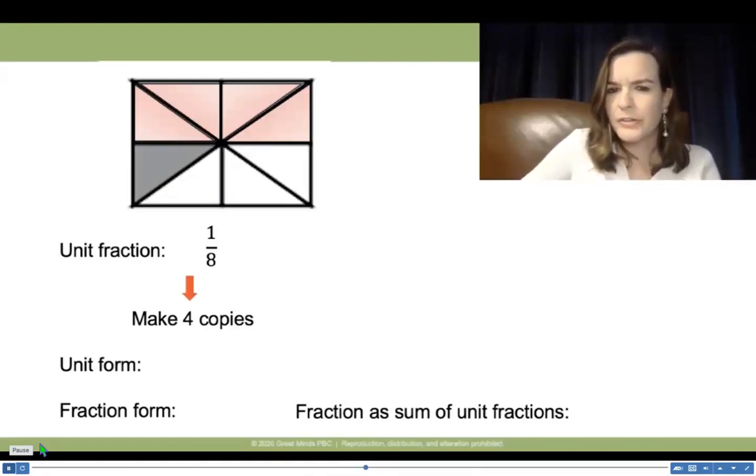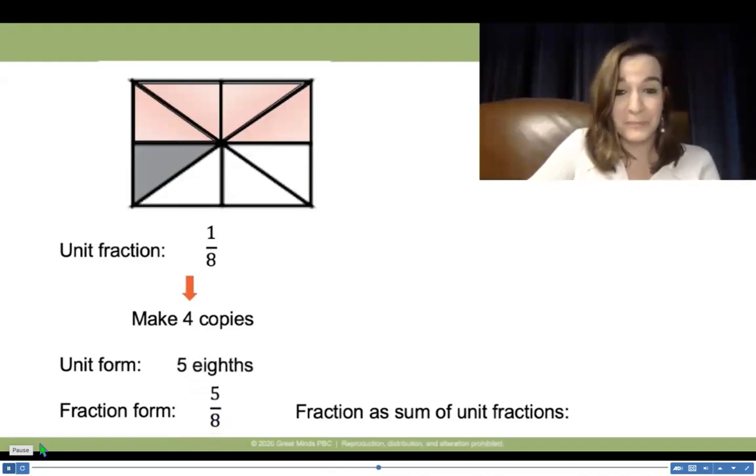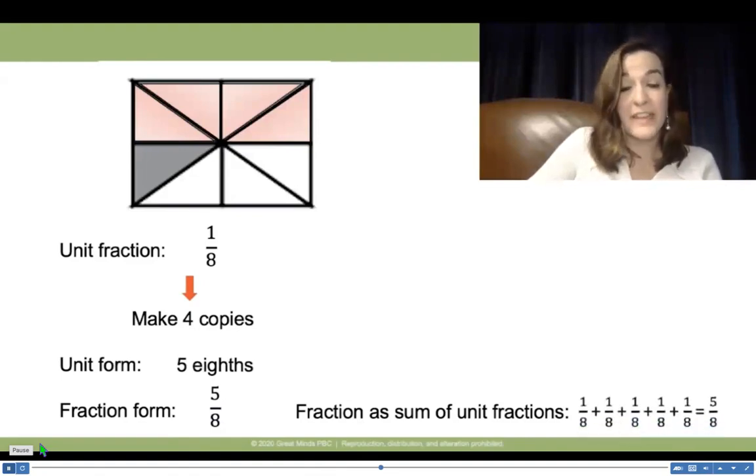What does that make our new fraction? 5/8, which looks like this in unit form and this in fraction form. And this is what 5/8 looks like as the sum of the unit fractions. You see I have 1/8 plus 1/8 plus 1/8 plus 1/8 plus 1/8 to show 5/8.